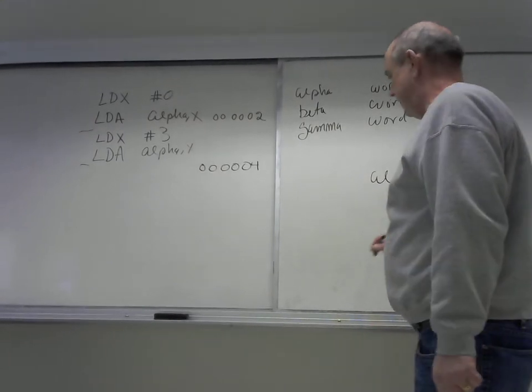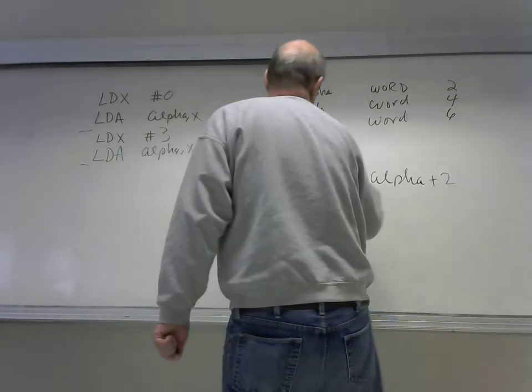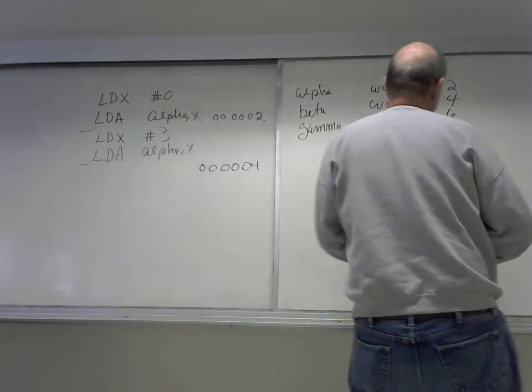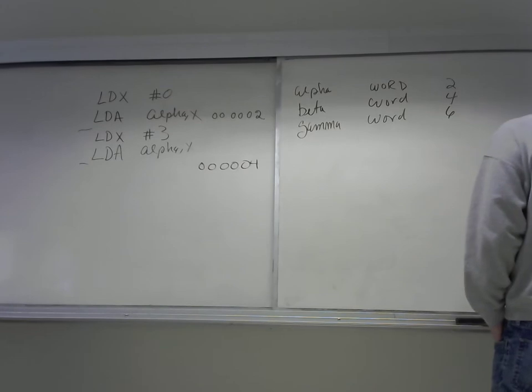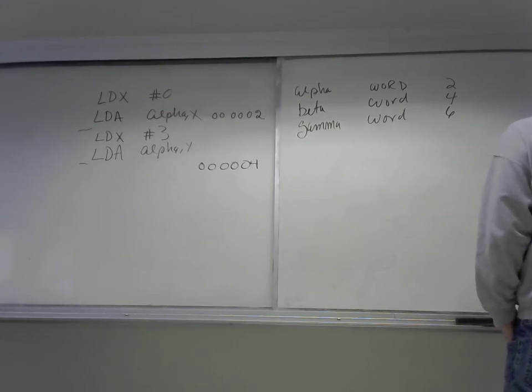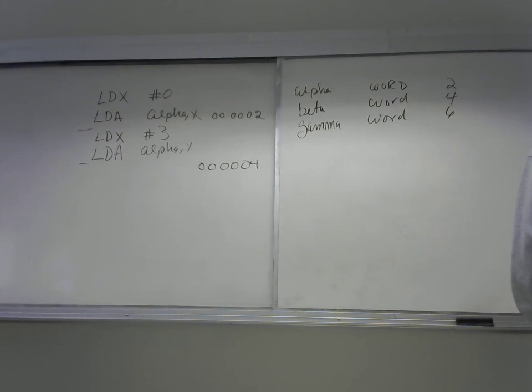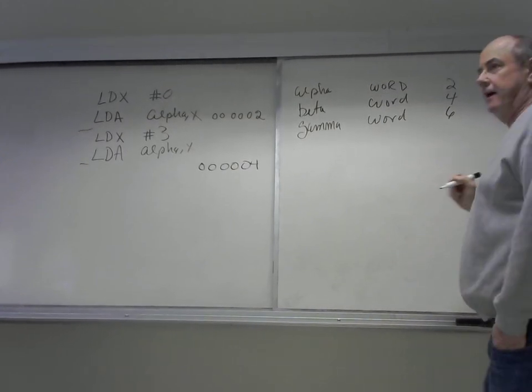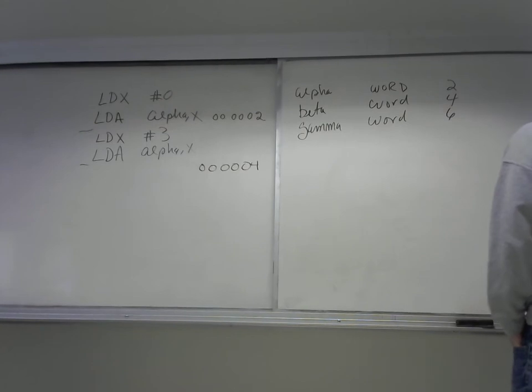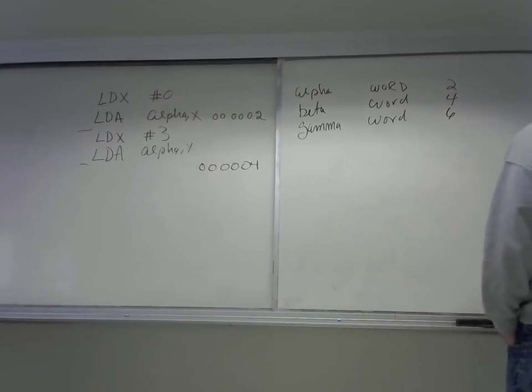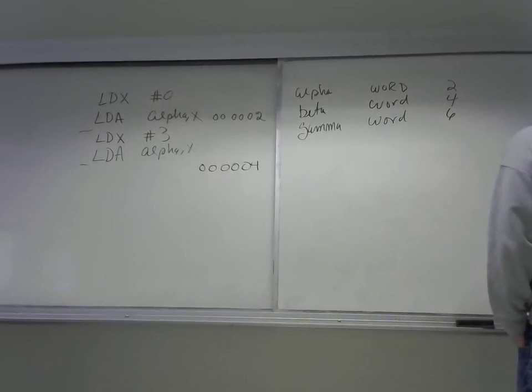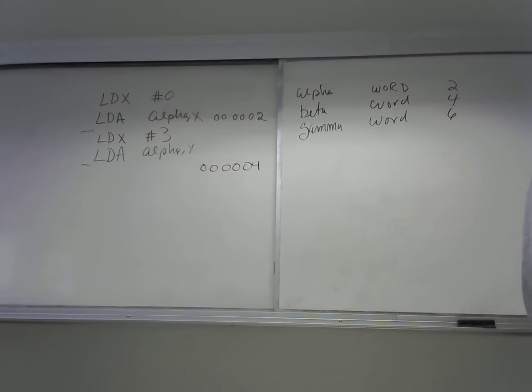So if alpha has an address, let's say the address of alpha in the symbol table, alpha is equal to 00140. Just made it up. Then beta 00143, and then gamma 14.